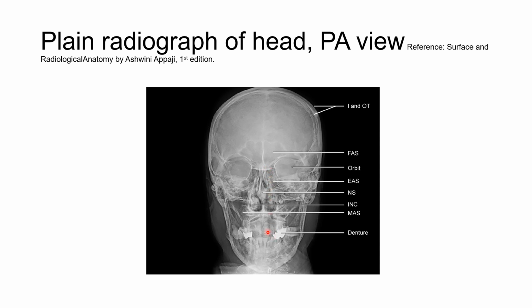The NS that you see in the middle is the nasal septum. Then you can see the inferior nasal concha, marked INC, and MAS is the maxillary air sinus, the biggest of all, on both sides.